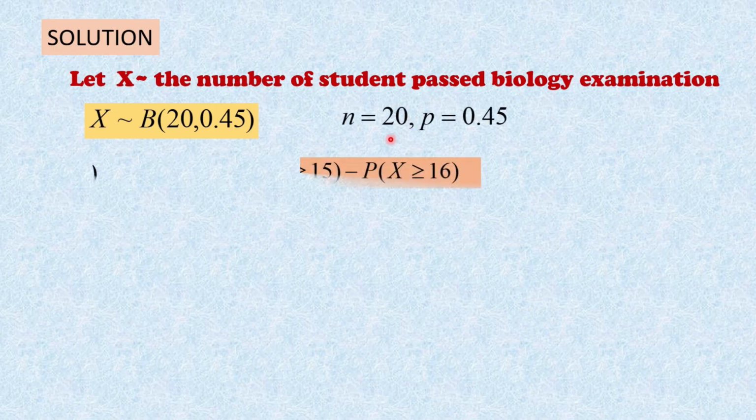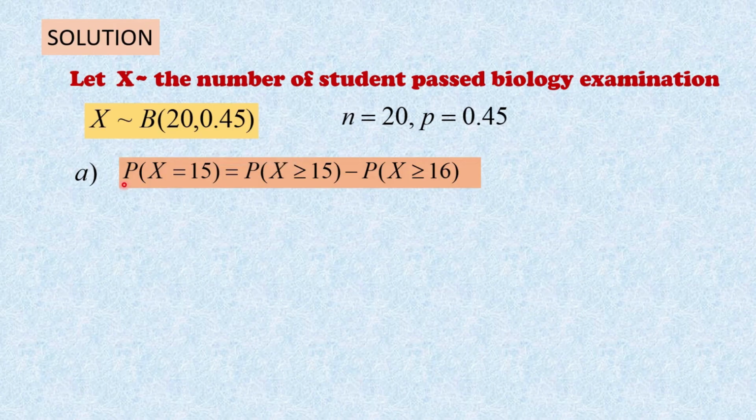So the question asks probability x equals 15, that is exactly 15 students pass the exam. Like the previous example, the formula is given as P(x more than or equal to 15) minus P(x more than or equal to 16). The next integer after 15 is 16 because the table reads more than or equal to.